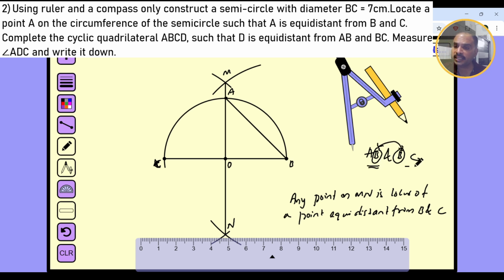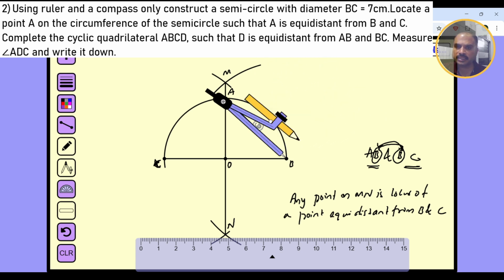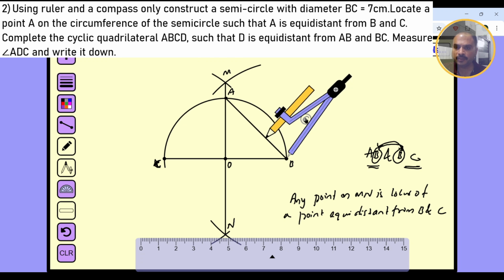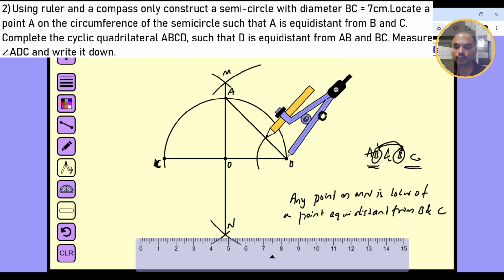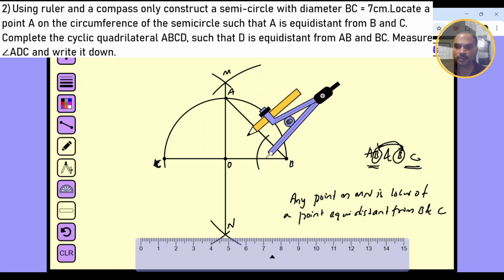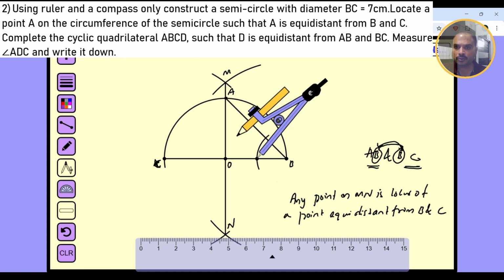Whenever two rays come like this, I need to identify the common vertex and bisect the angle which is formed at B. So now I will draw the angular bisector of angle B, because I need to identify where is the locus of the point which is equidistant from BC and BA. Okay, so I will draw the angular bisector.